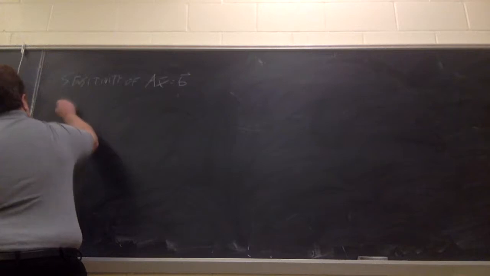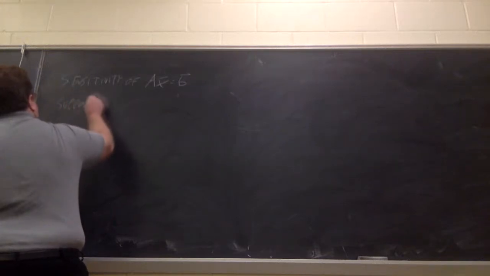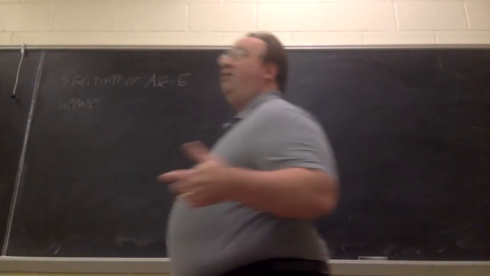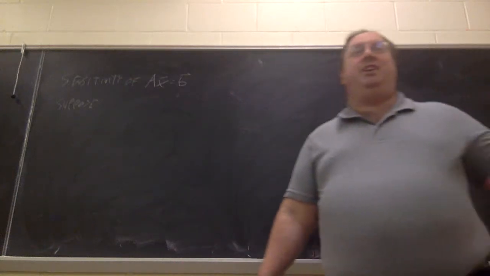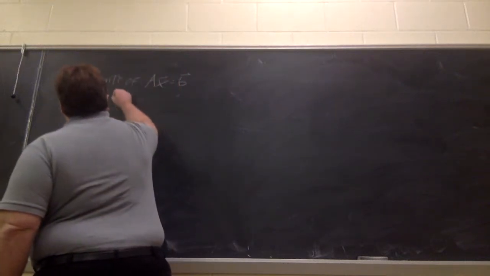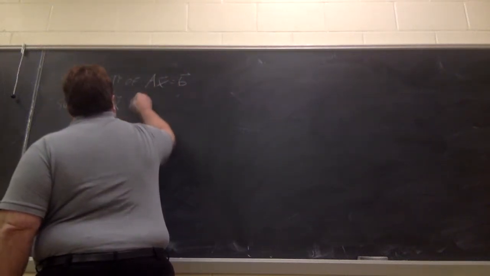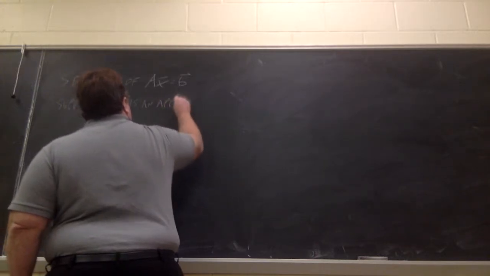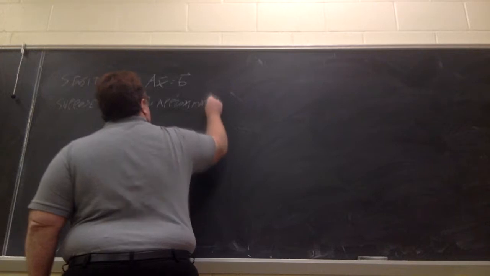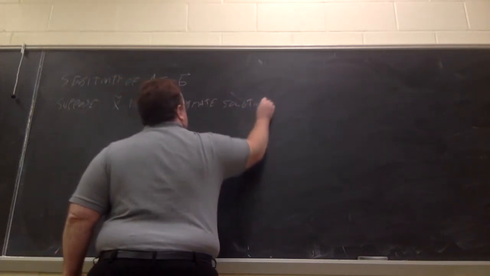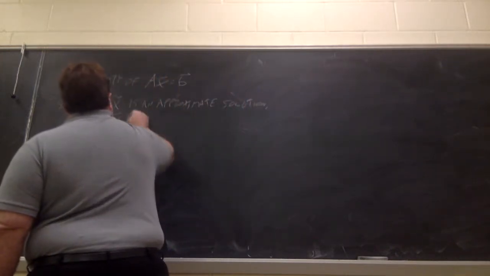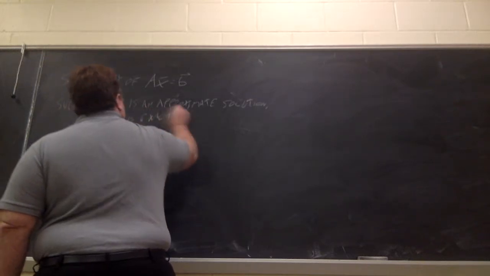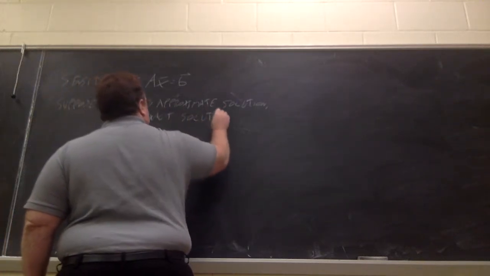So to define some terms here, suppose we have tried to solve Ax equals b using some method, for example, Gaussian elimination and back substitution. And we get an approximate solution, which I'll call x tilde. And I'll just use x to refer to the exact solution.